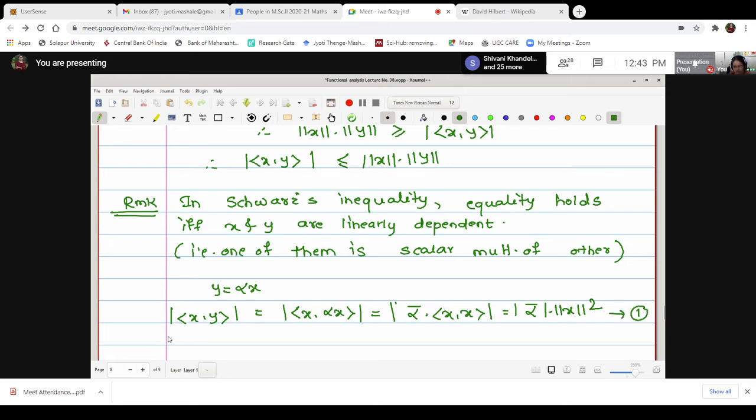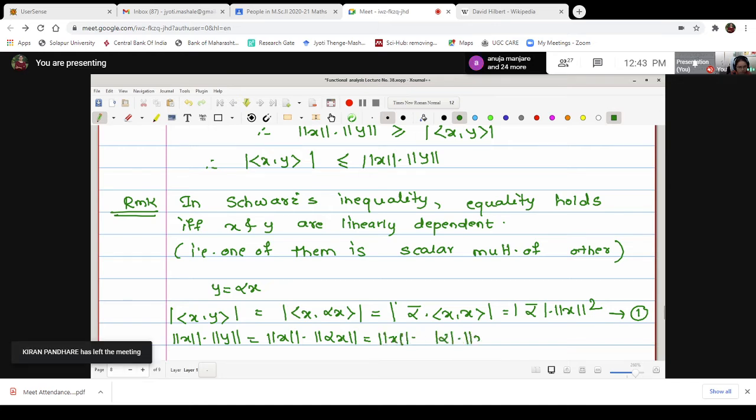What is the right hand side value? Norm x into norm y, therefore this is norm x into norm of alpha x. But what do we know from the fourth property of norm? The scalar is taken out with the modulus. Therefore I can write mod alpha into norm of x, and we have obtained mod alpha into norm square of x.